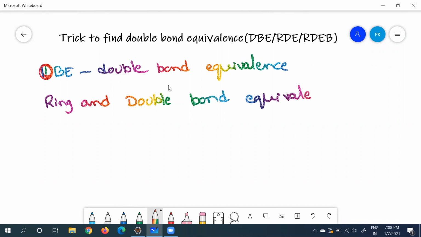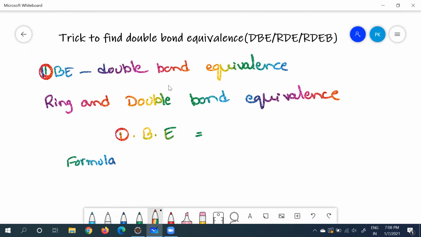I will give you a very simple formula to calculate double bond equivalence, and I will let you know the applications of this trick as well. So let us see the formula. You need to know only the formula of an organic molecule. If you know the formula, then you can apply this trick.